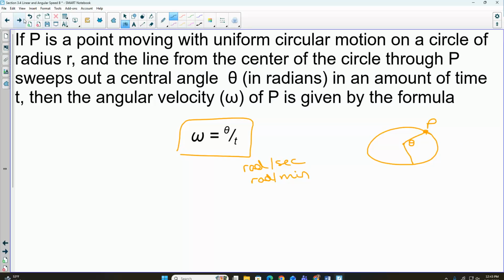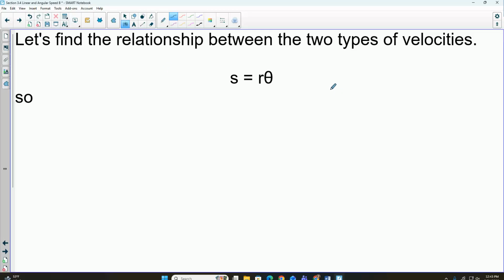They are related. If we go back to what we already know, S is equal to R theta, right? So the first formula, V equals S over T, I could replace my S with R theta.